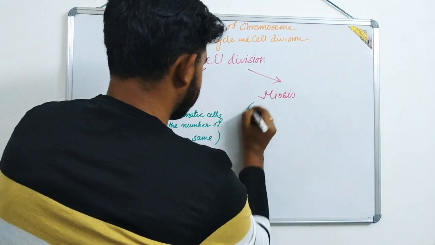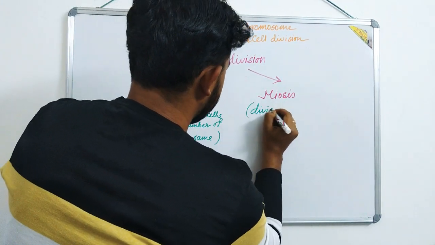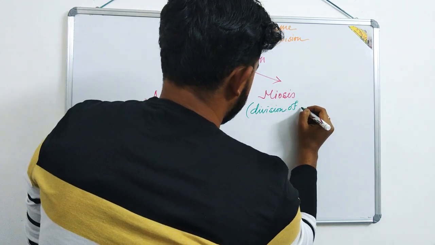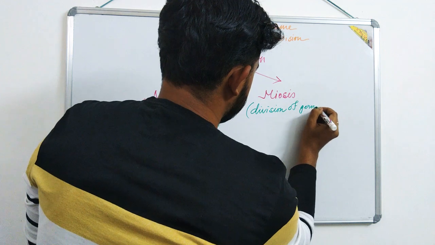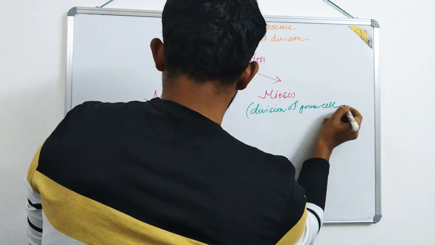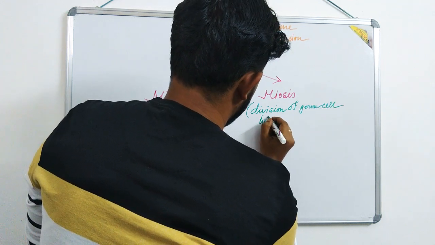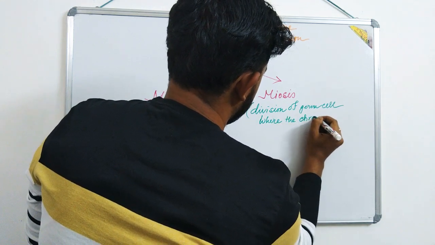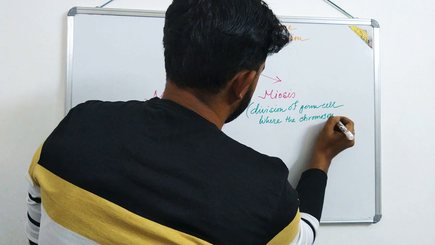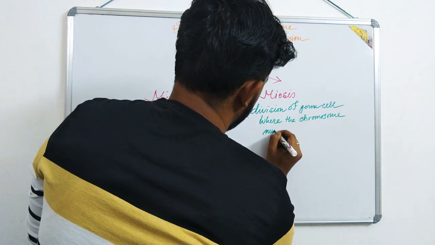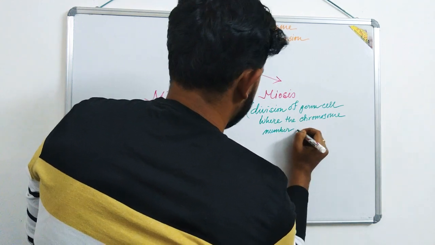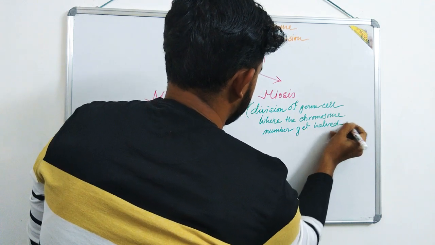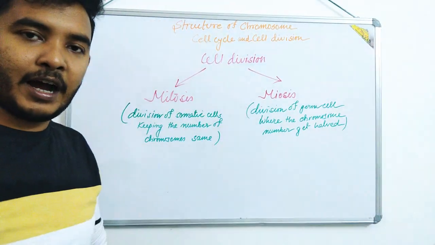And what is meiosis? It is the division of germ cells where the chromosome number gets halved. Okay, the chromosome number just gets halved.